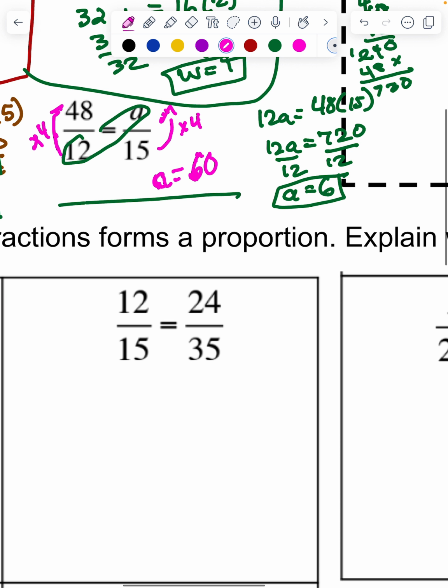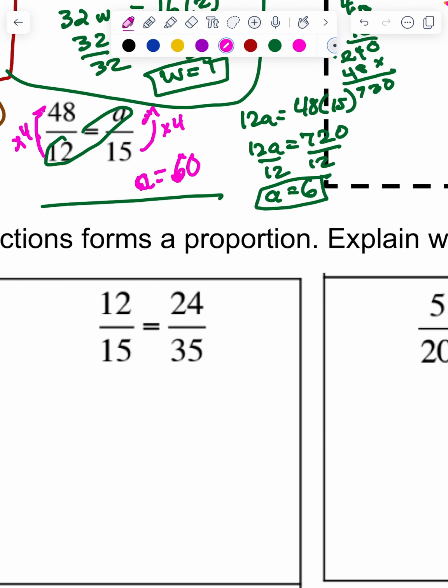Is this proportional? I do not want to multiply this. Oh, can I simplify it? Let me see if I can simplify it. There's 3s in here. I can divide by 3. That becomes 4/5 equals 24/35.